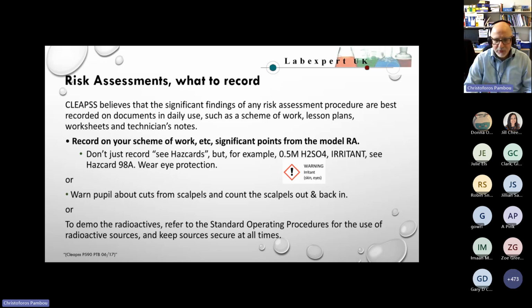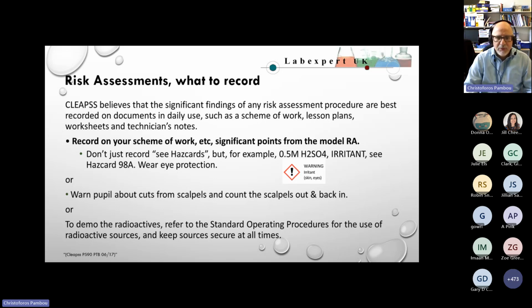So we refer to model risk assessments, and then we annotate. We don't just say see Hazcard. For example, 0.5 mol sulfuric acid is written Hazcard 98. That doesn't mean much.